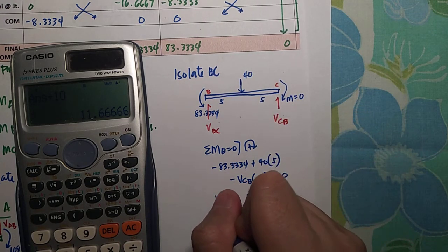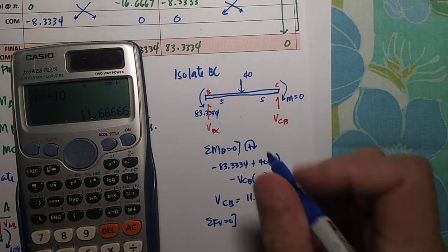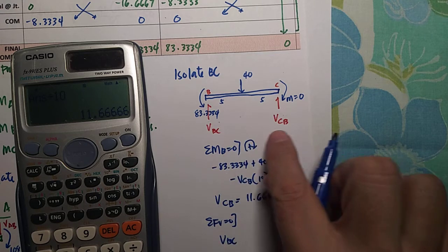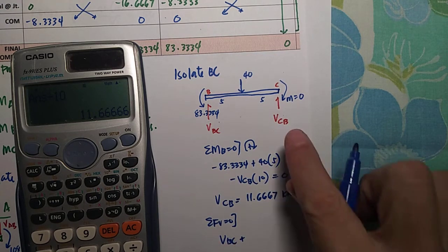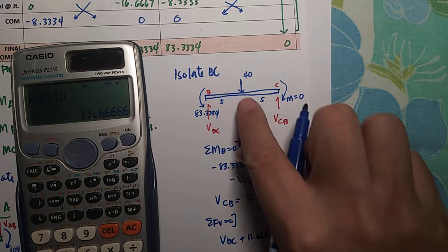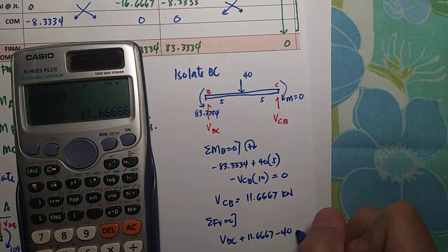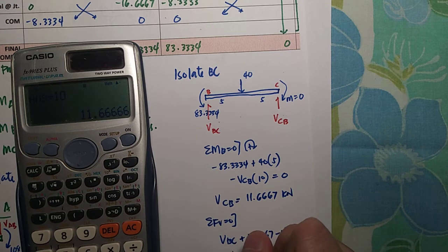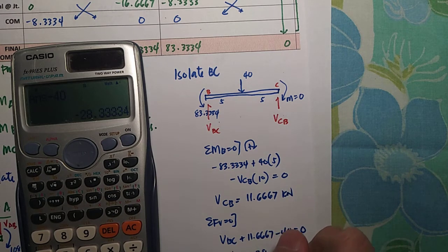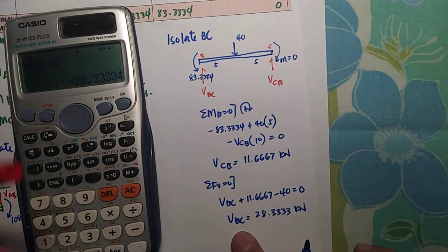Pagka nag-summation ako ng forces vertical equal to 0, so that is VBC, pataas, plus VCB, VCB is 11.6667, then minus 40, equal 0. So we could solve for the shear on BC. That would be positive 28.33 kilonewtons. So yun yung shear sa BC.